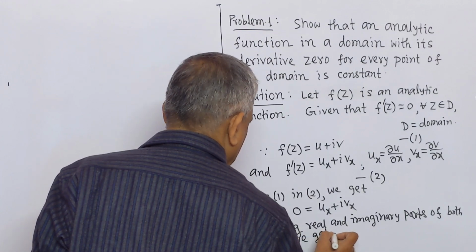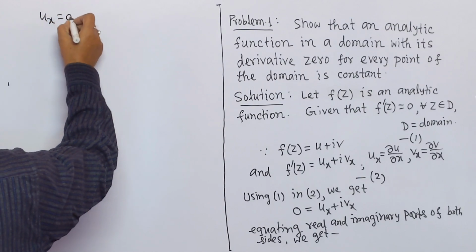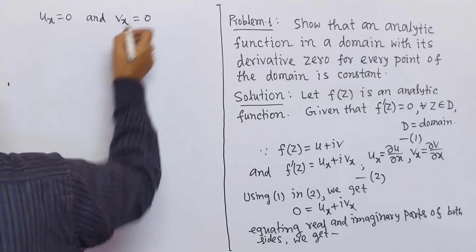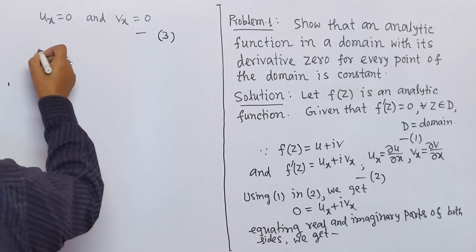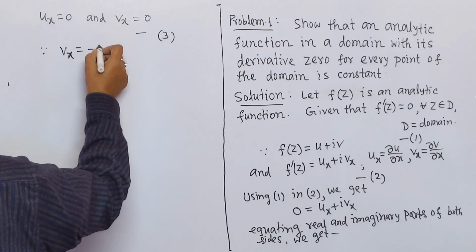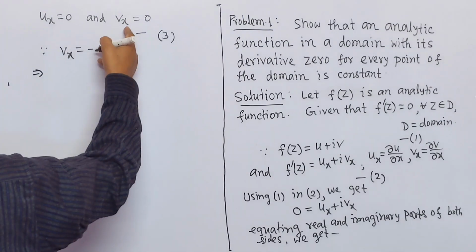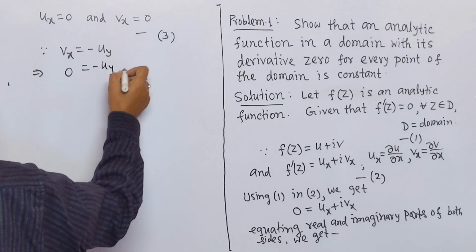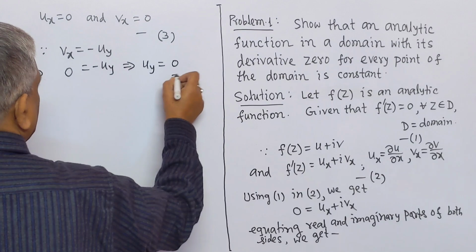We get ux equal to 0 and vx equal to 0. This is number 3. Since vx equal to minus uy, this implies that vx equal to 0, so 0 equal to minus uy implies that uy equal to 0. This is number 4.